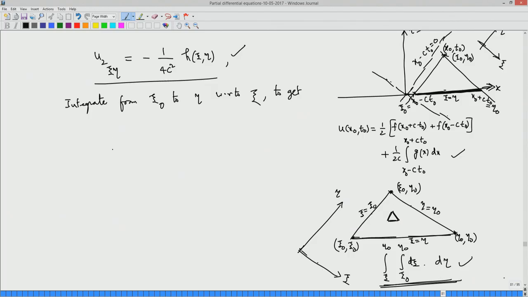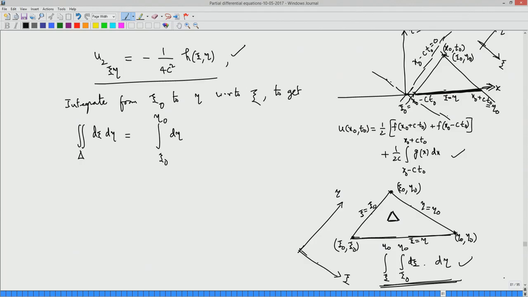So, first you integrate this double integral over this delta. This is d xi d eta. One can see that this is your eta axis, so d eta is running from xi naught to eta naught. This is constant.